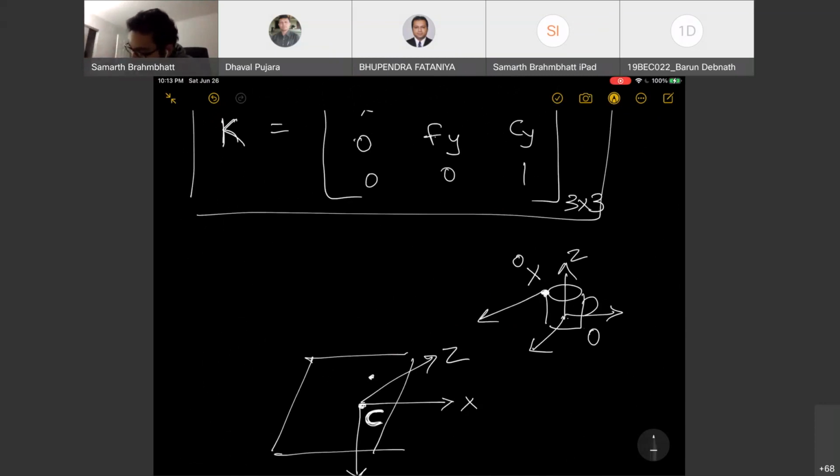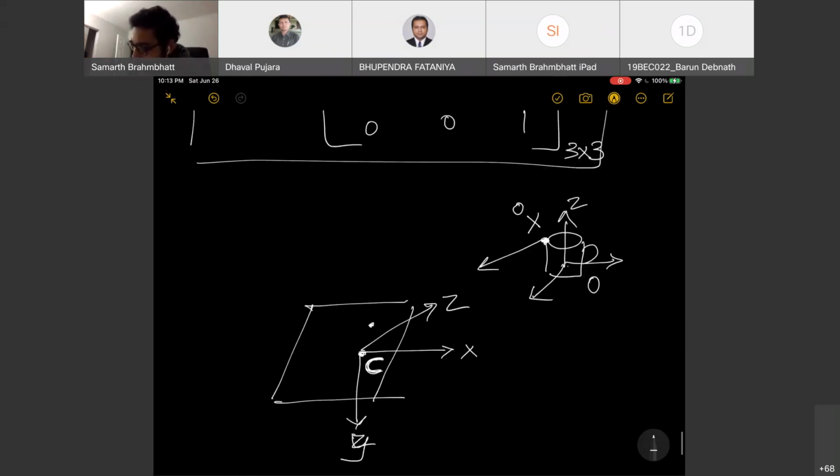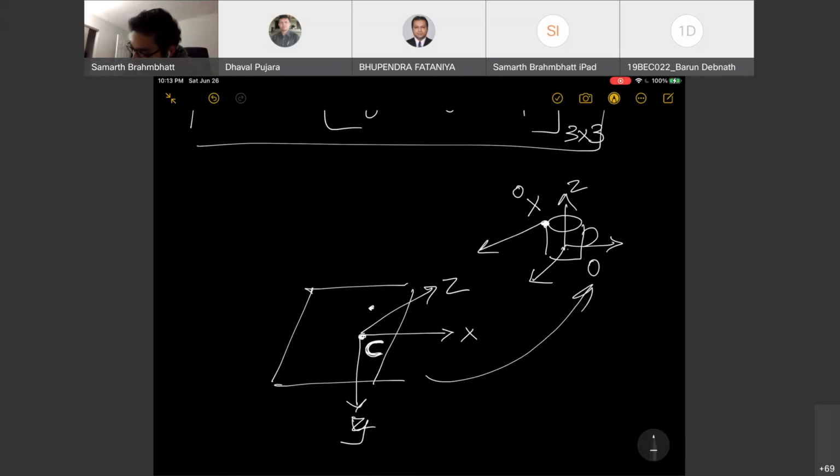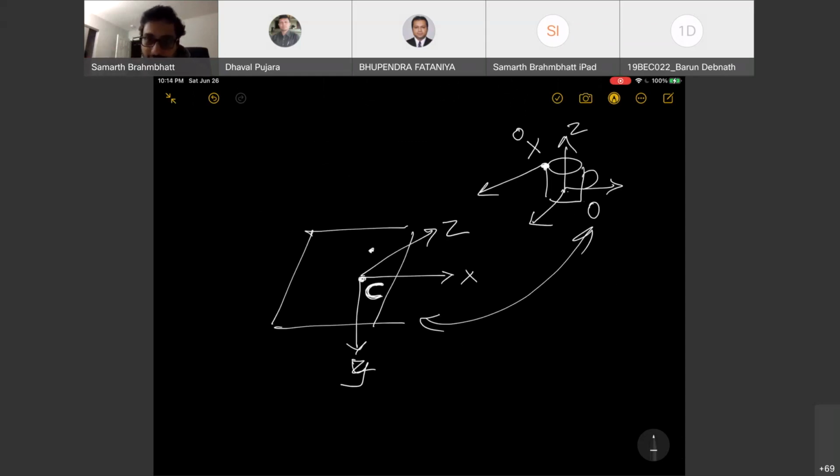So now we want to first transform this point to the camera's coordinate system. For that, we need to know the connection between the camera coordinate system and the object coordinate system. We will talk in later lectures about how to get this connection matrix, but we already know how to represent it. It is a 4x4 matrix, TCO. What this TCO does is it takes points in the object coordinate system and converts them to the camera coordinate system.